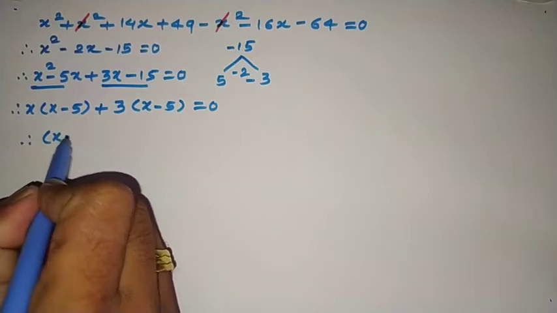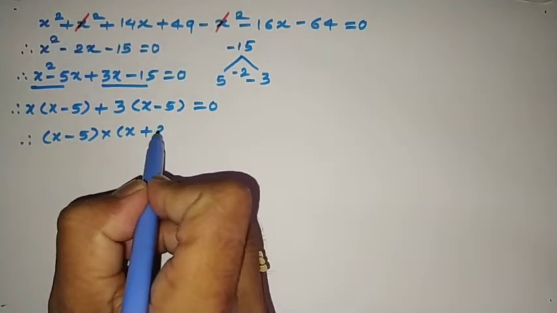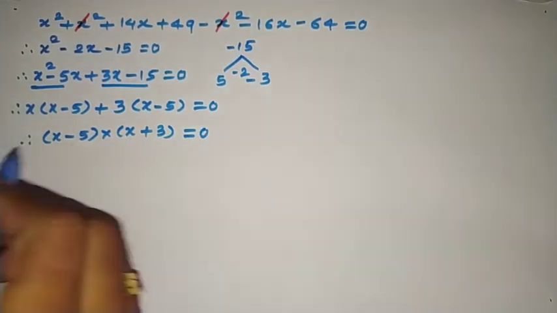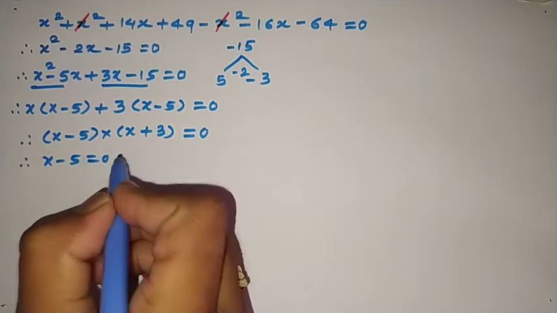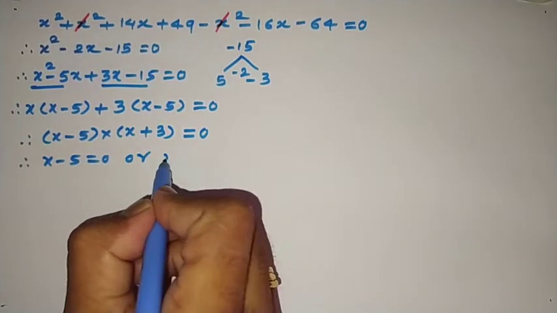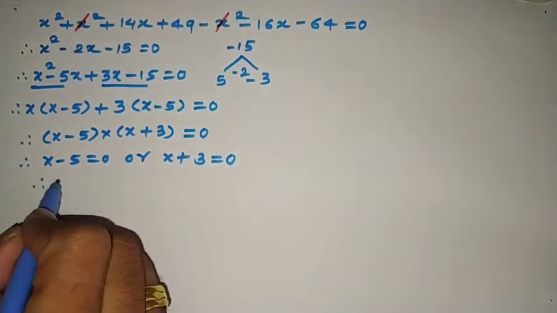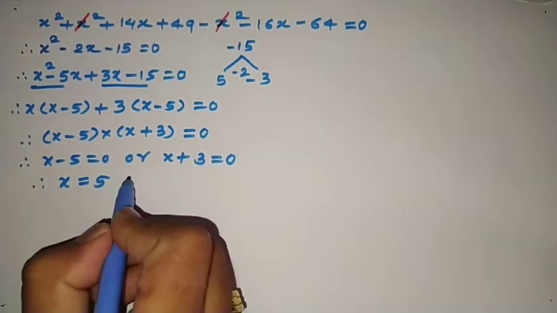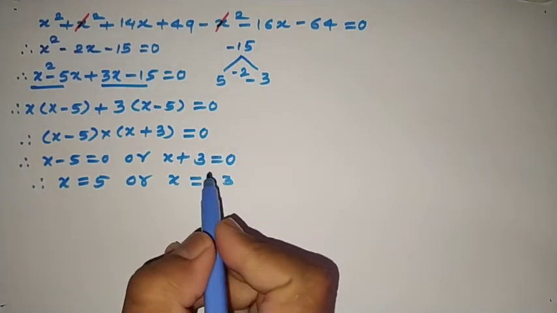Therefore (x minus 5) into (x plus 3) is equal to 0. Therefore x minus 5 is equal to 0 or x plus 3 is equal to 0. The value of x is equal to 5 or the value of x is equal to minus 3.